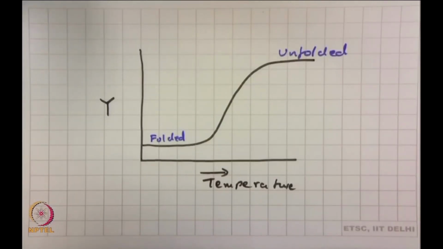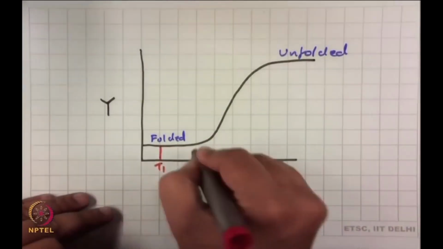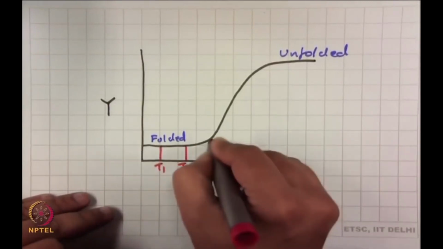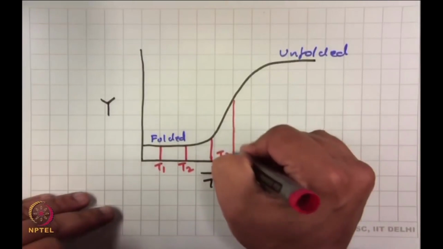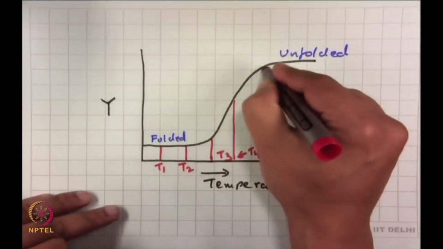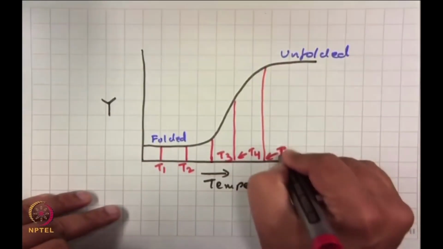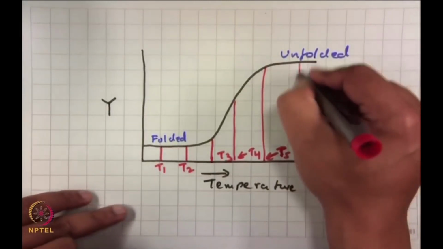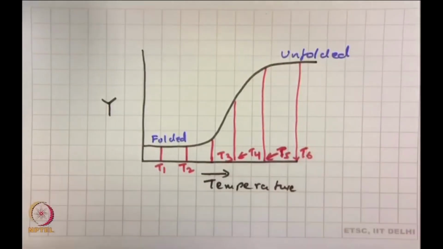We pick out a few temperatures: this is T1, T2, T3, T4, T5, T6. Now, let us go interval by interval.